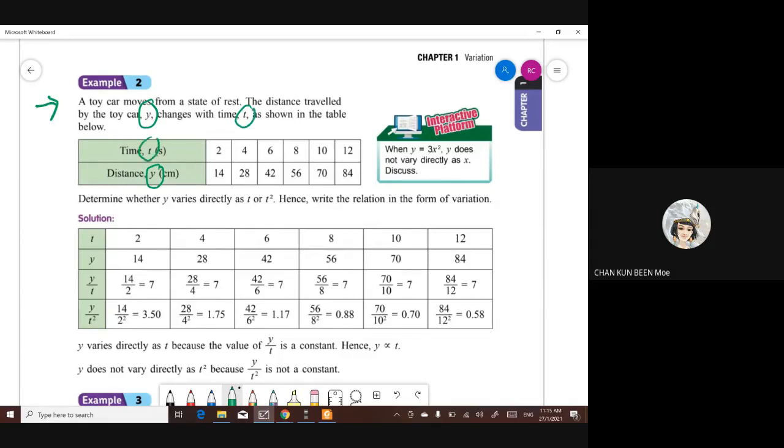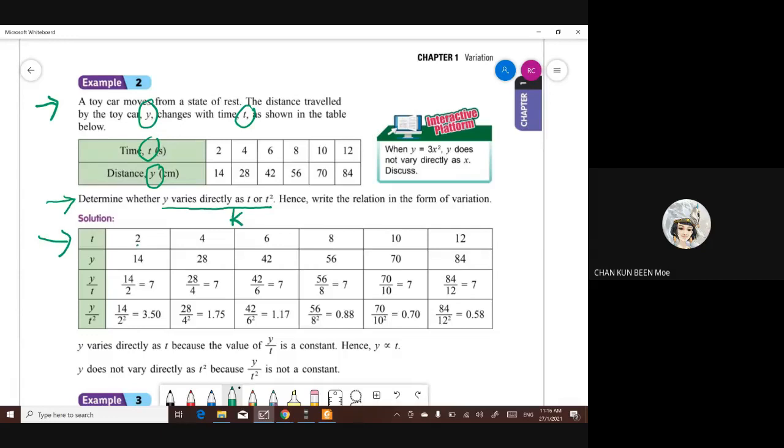Okay, now you look at this. Determine whether y varies directly as t or t squared. So if you want to determine whether they vary directly or not, you must find out that they have a constant k. If they don't have a constant, meaning that they do not vary directly. Okay, so over here, you look at the solution, everything is the same.